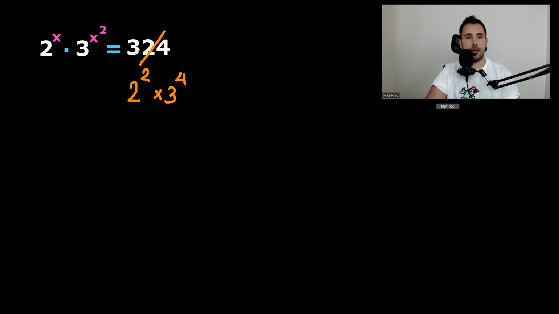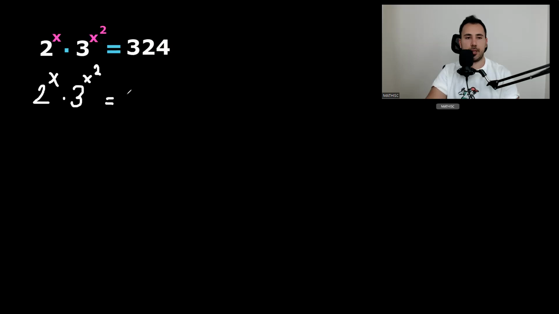So, let's write it here and be clean. 2 to power of x times 3 to power of x squared equals the same thing, the left-hand side will not be different.